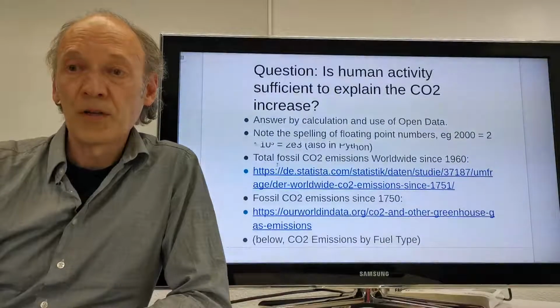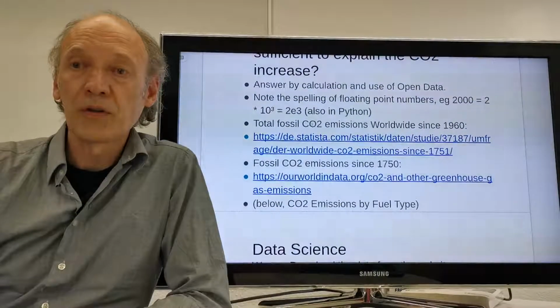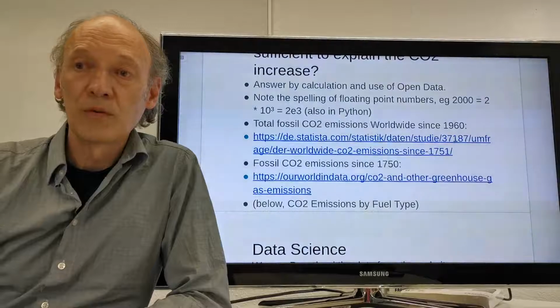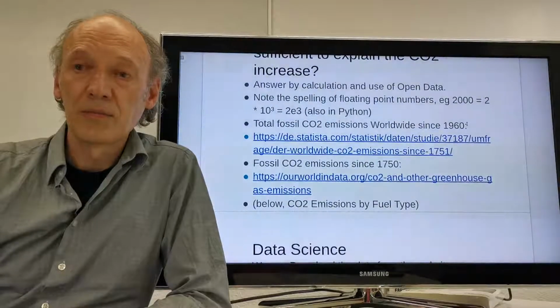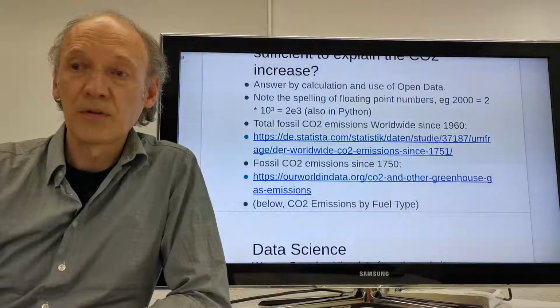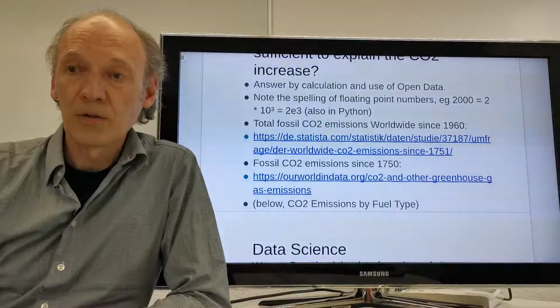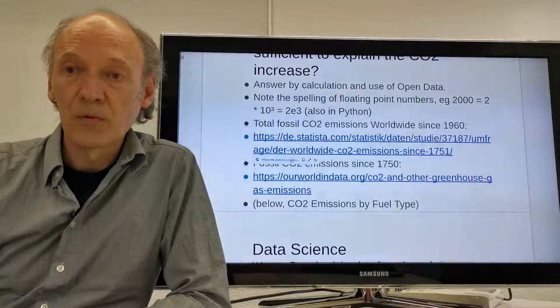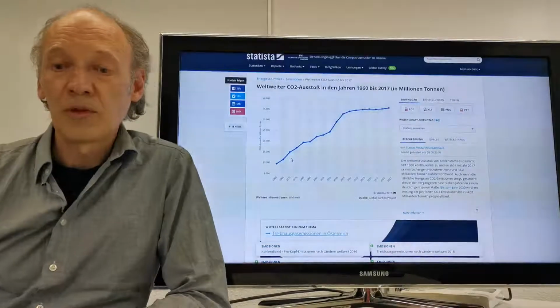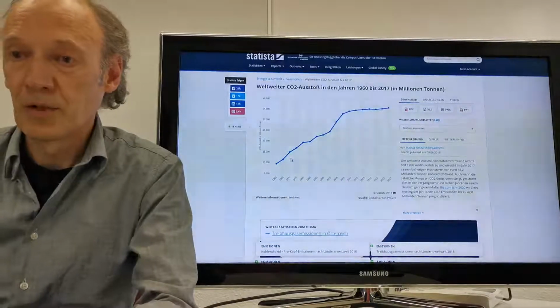So we can find the total fossil CO2 emissions from the entire world since 1960. So we can take a look at this website here. So we can click on it, open it, and here we can find this nice plot. I can make it a little bigger.